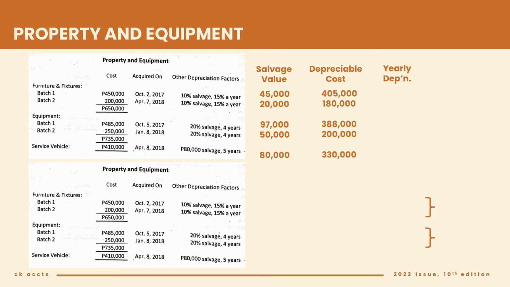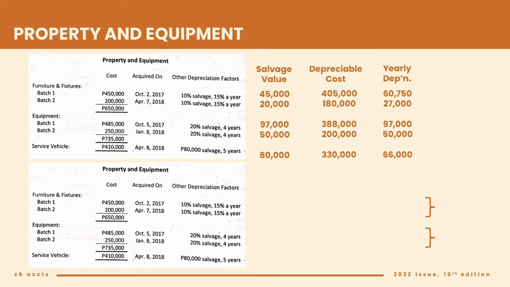So for yearly depreciation, for furniture and fixtures, we just have to multiply 15% from 405,000 and 180,000, which is our depreciable cost. Okay? So, wag kayong magkakamali doon. Yung 15% sa depreciable cost natin i-multiply, hindi sa cost. Okay? Hindi sa asset cost.